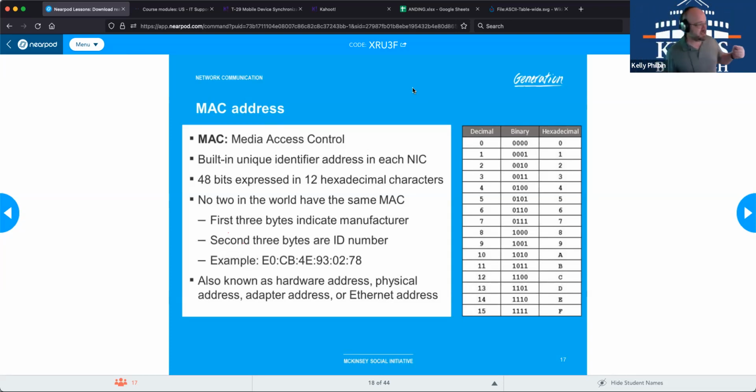Instead of having 8 bits and going 0 to 255, we now have 4 bits, which give us 16 places, or 0 to 15. Well, we can't just put in 15, because how would we tell the difference between 15 and 1, 5? Correct? So we start using letters.